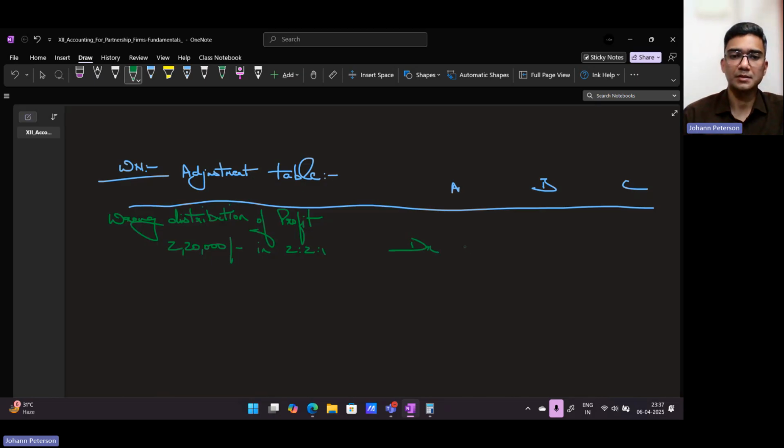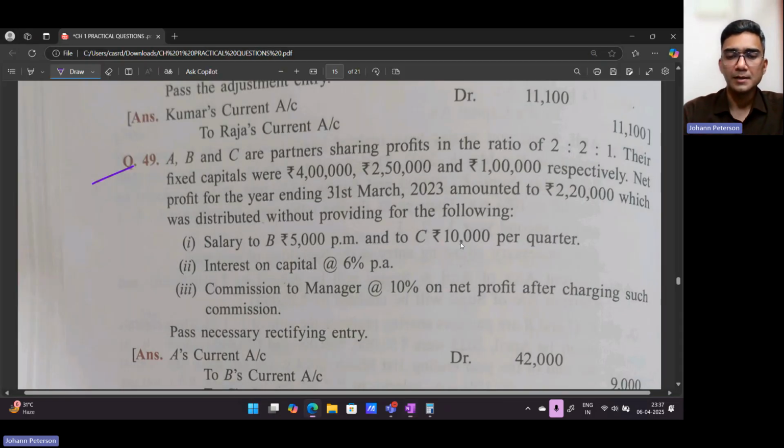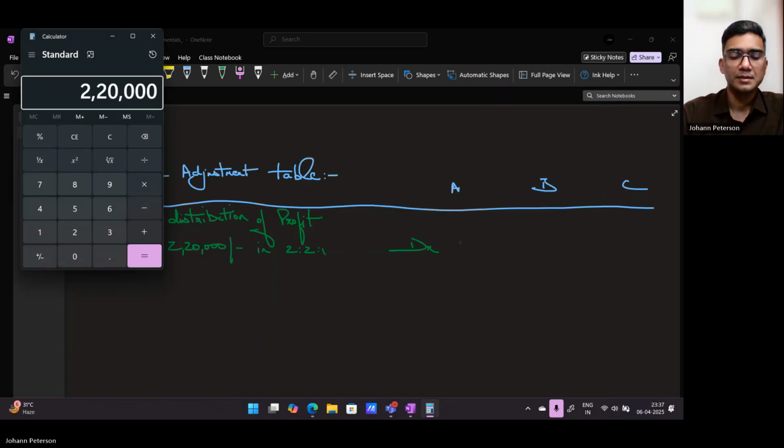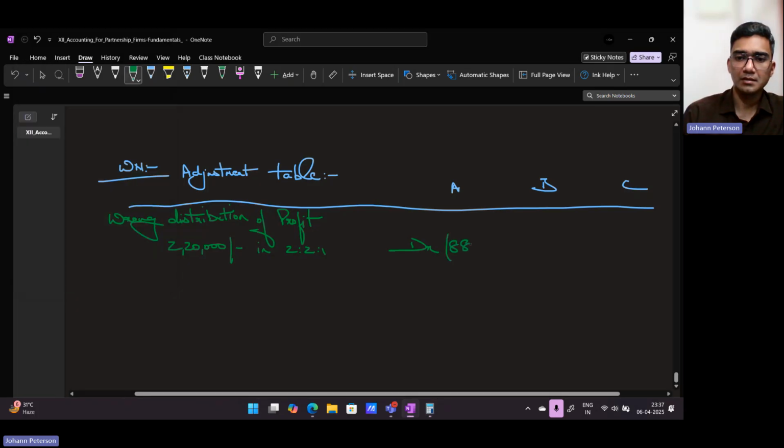That means we're going to debit. So 220 into 2, 2, 4, and 1, 5. So 2 divided by 5, which is 88,000. So here I'm going to put 88 in minus.